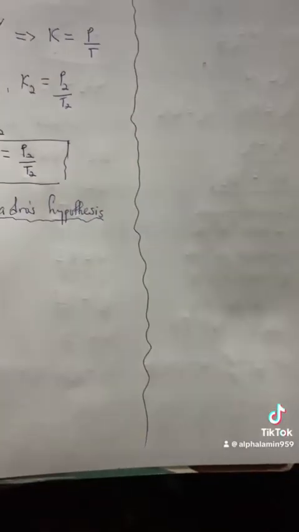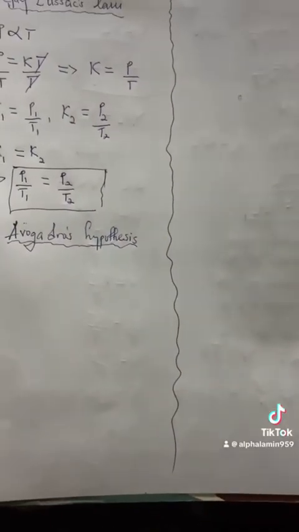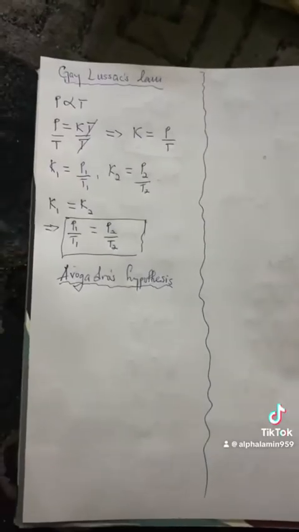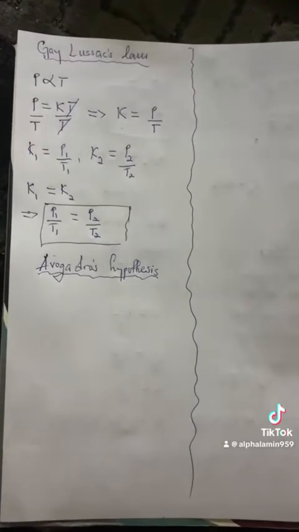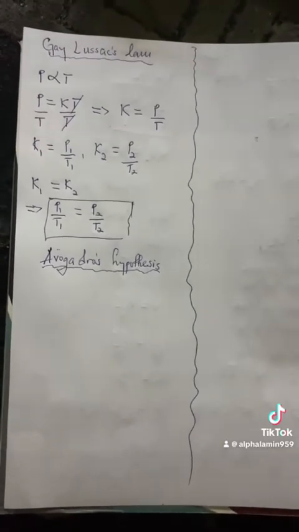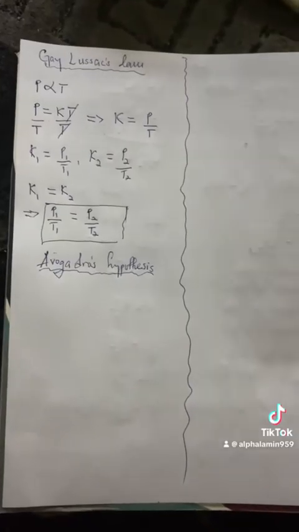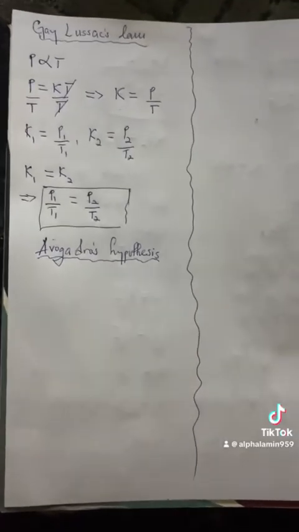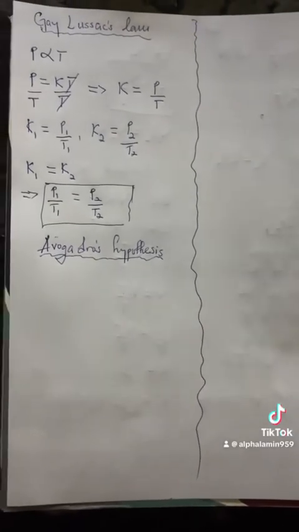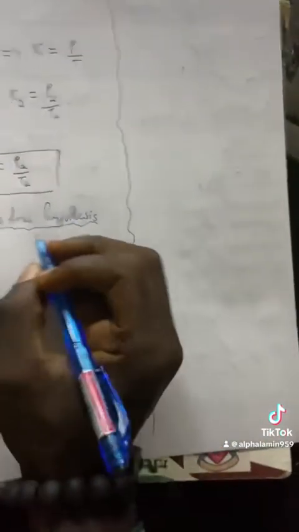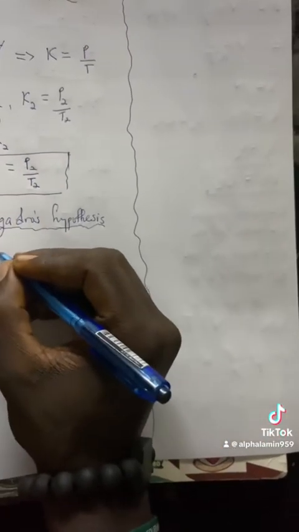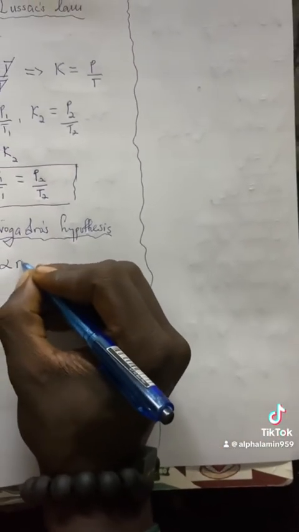It's an experiment that Avogadro carried out. And when he carried out the experiment, he noticed that the volume of gases, that is gases that behave ideally, and when you talk about an ideal gas, it's a gas that obeys the gas laws. So he noticed that the volume is directly proportional to the number of moles.